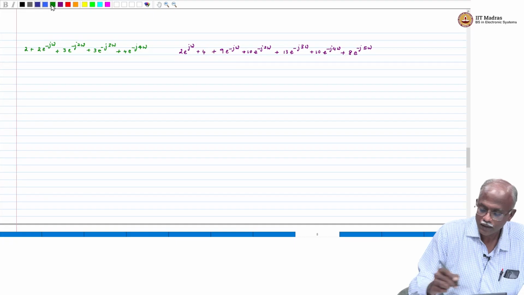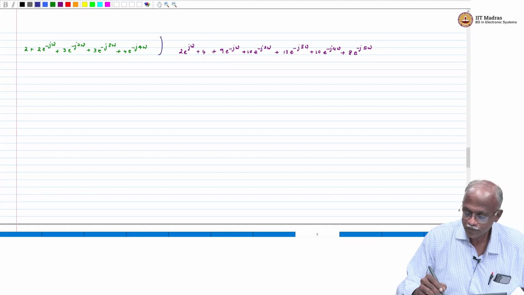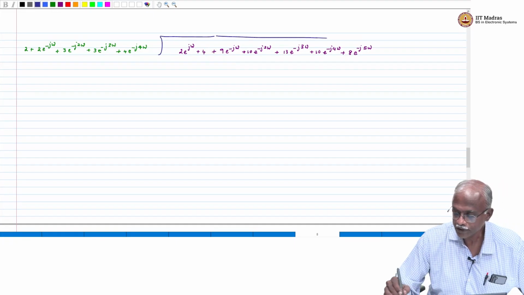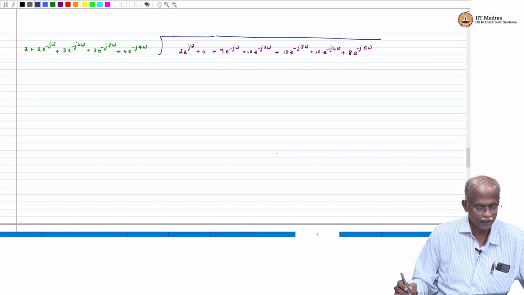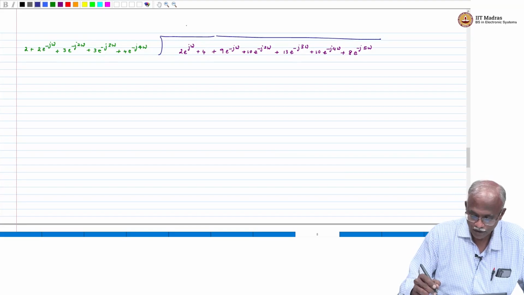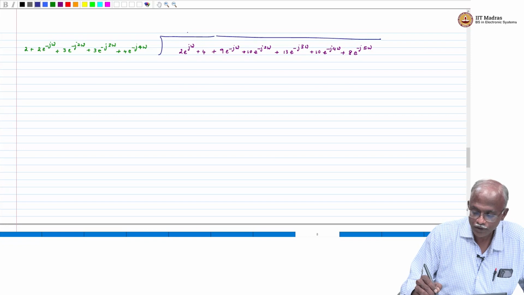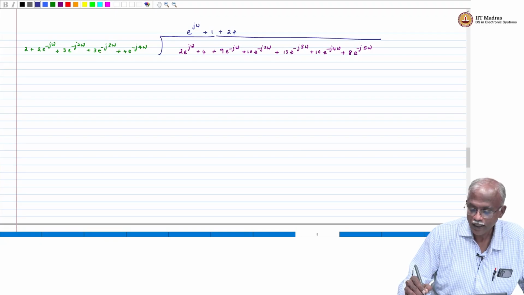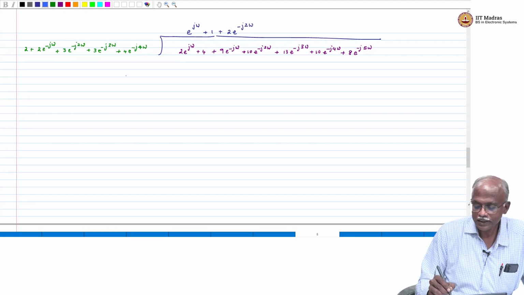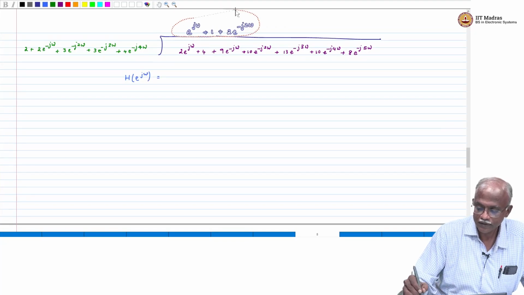This is my division process. You can do the long division and you can easily verify that what you get as the quotient is e power j omega plus 1 plus 2 times e power minus j 2 omega. So, which means h e of j omega is given by this expression.